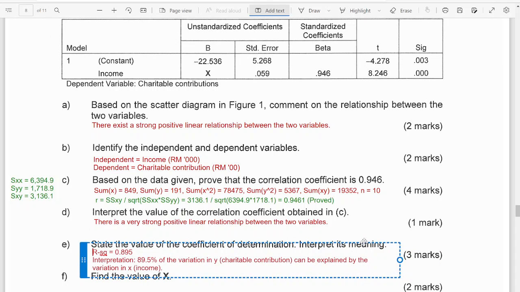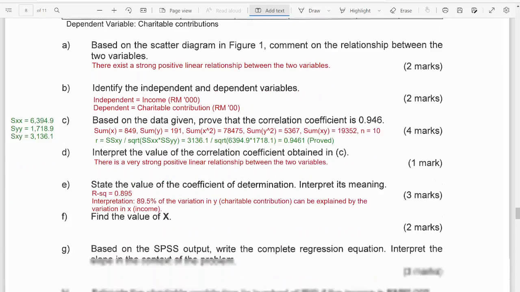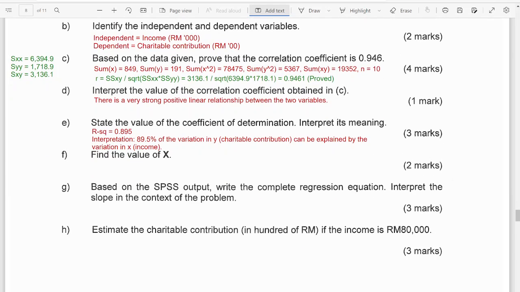Okay, so that is how you interpret the value for the coefficient of determination. So you can just say 89.5% of the variation in Y, or the charitable contribution, can be explained by the variation in X, that is income.